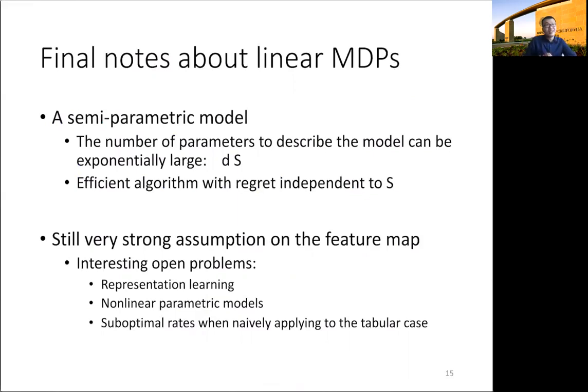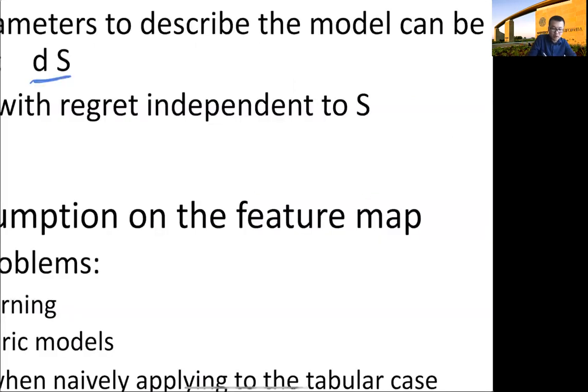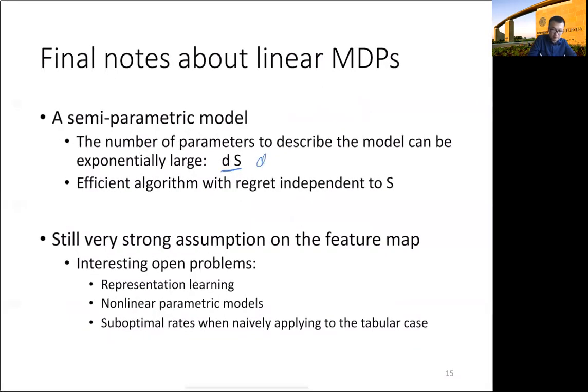The Markov decision process is actually described by an exponential number of parameters, d times s, to describe this mu star parameter, and the thing is that you don't actually need to collect that many samples, and you don't need to estimate this parameter well in order to learn how to make the right decisions in linear MDPs.